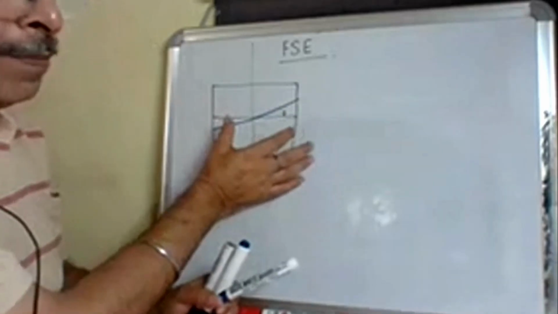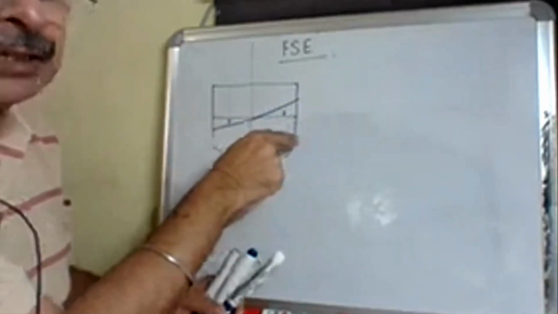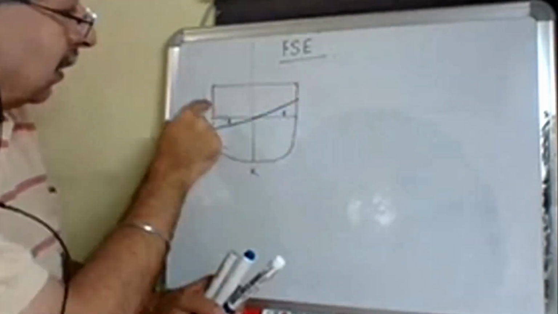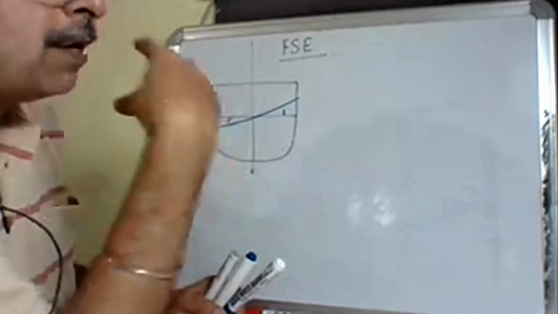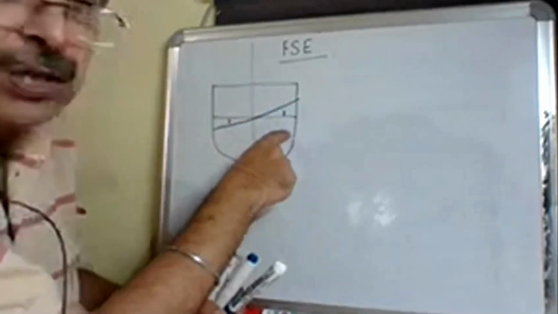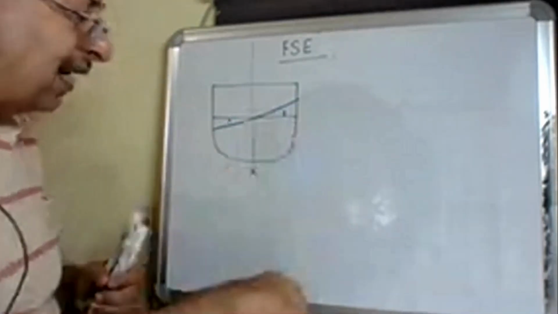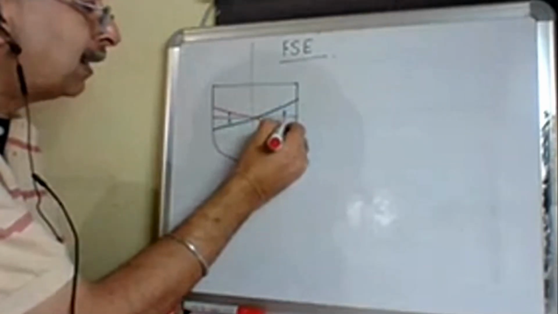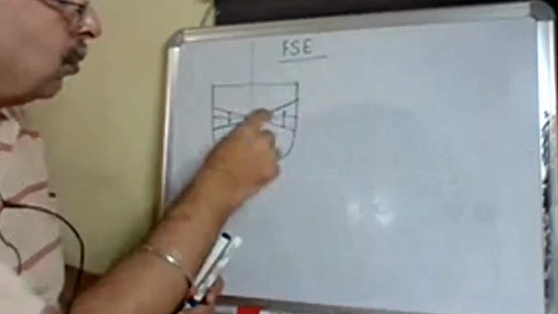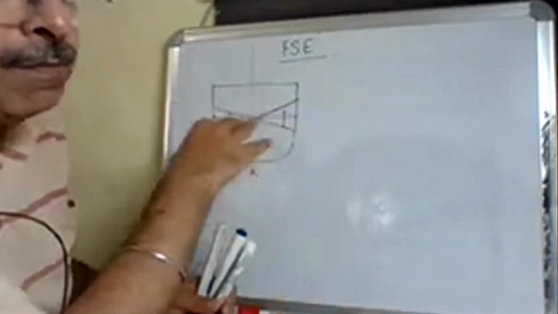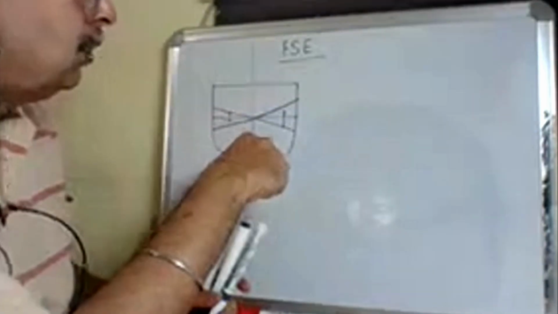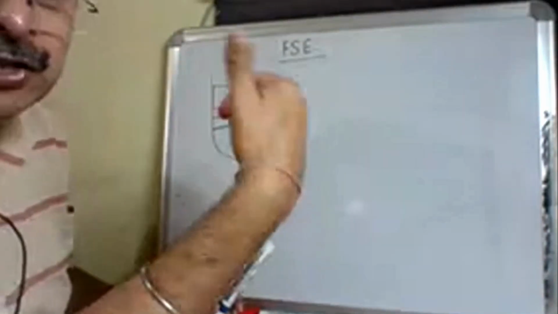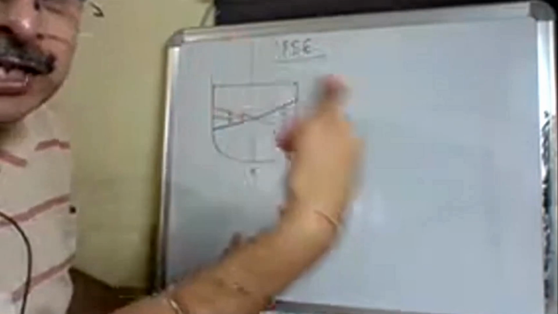But the very next moment, the wedge is going to go to the opposite side. When the vessel rolls onto the port side, the immersed wedge comes onto the port side, and the emerged wedge comes onto the starboard side. There will be a shift like this, and a shift like this, which will of course be equal. So due to this fluid motion, the G of the vessel is constantly fluctuating up and down, and as a result the GM of the vessel is fluctuating up and down.